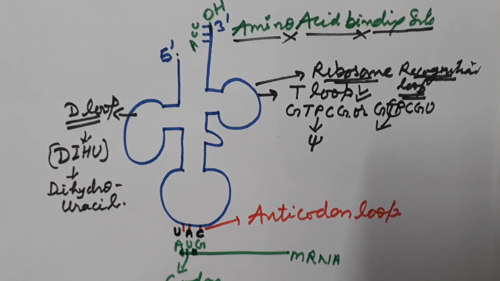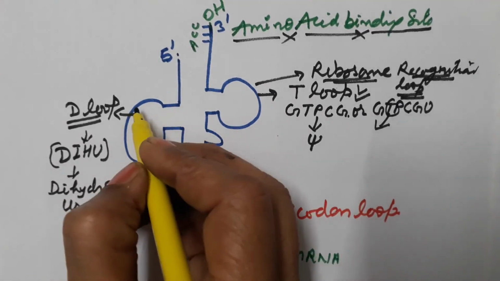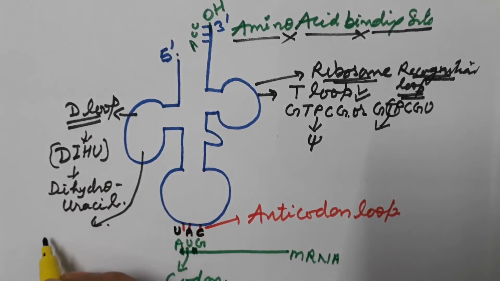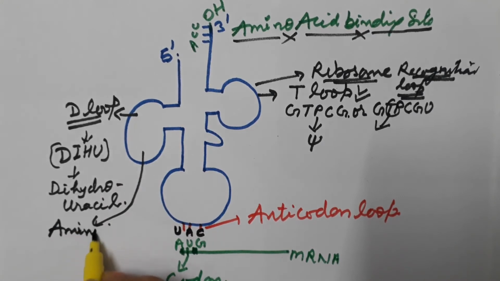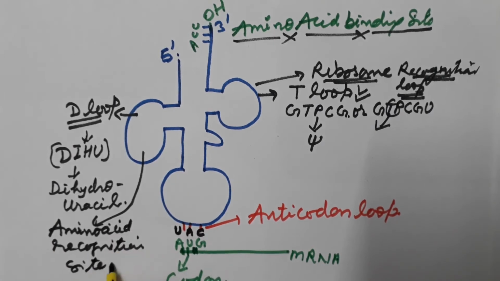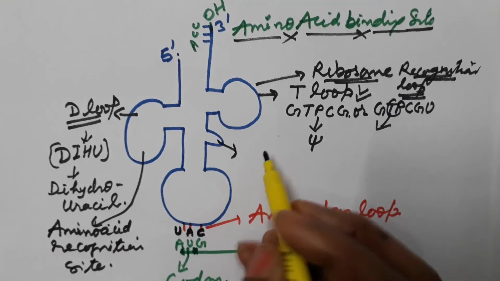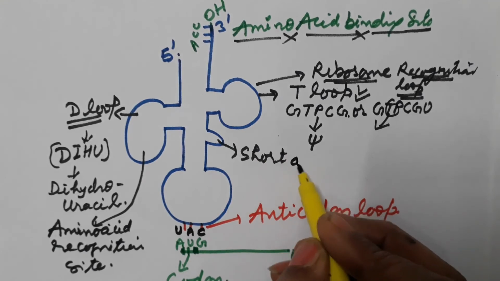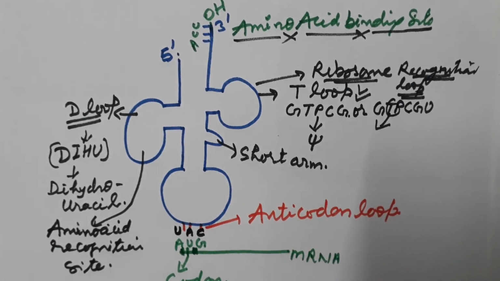What is its function? It recognizes the amino acid. So this loop is known as the amino acid recognition site. This is the short arm, a small projection which is considered as vestigial.